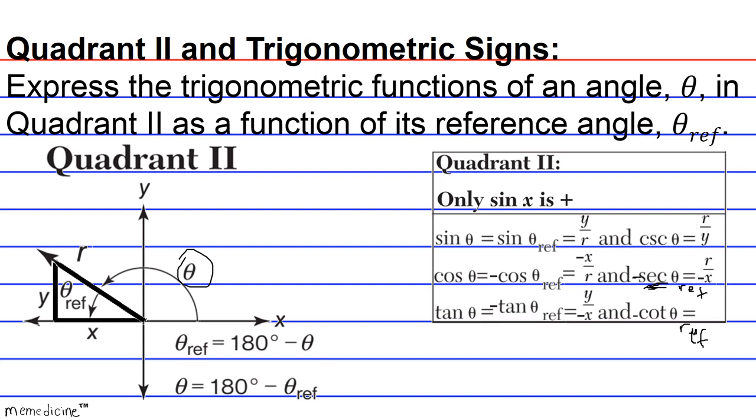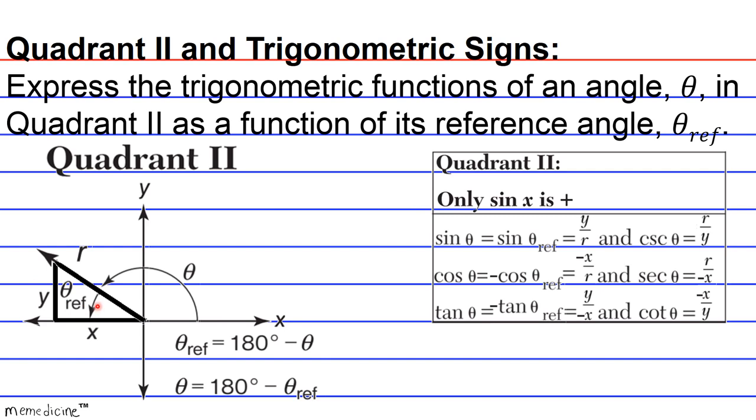I promise, give me a month and I'm going to get a really good writing system so that this can flow smoothly and eliminate lag time, okay? So the negative cotangent of theta ref is going to be equal to basically the reciprocal of the tangent, which is going to be the negative x coordinate divided by the y coordinate, or the adjacent side divided by the side opposing the theta reference angle, okay?